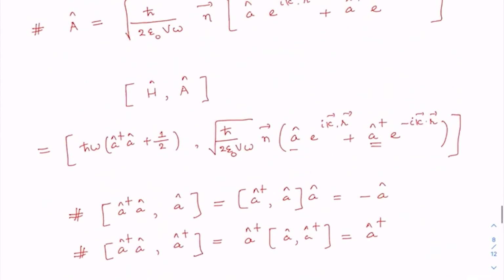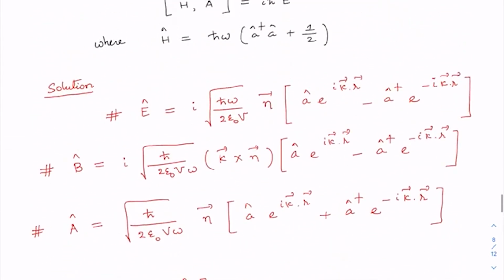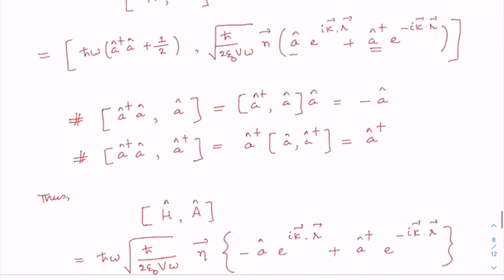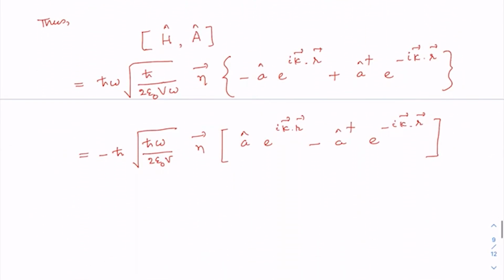Now if you look at the expression for the electric field, you will know that I have minus ħ, and this whole expression is the electric field. I will get it, I just have to multiply it by i and divide it by i. I hope you get the idea here.